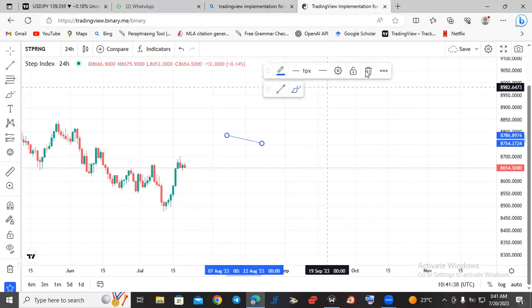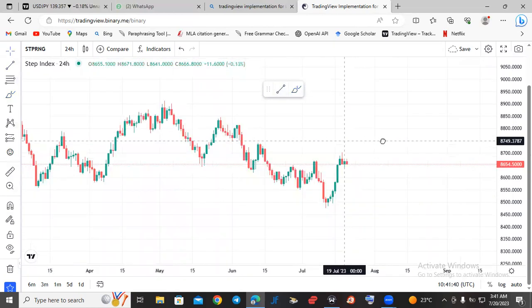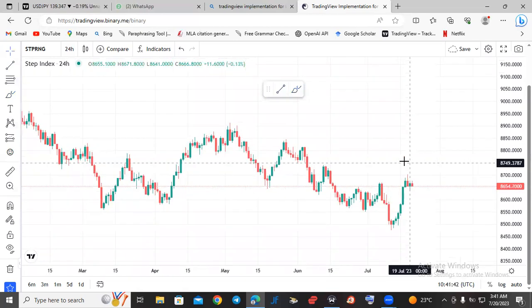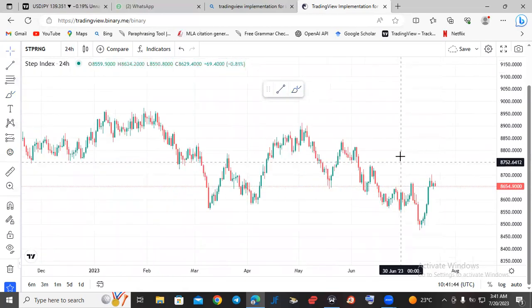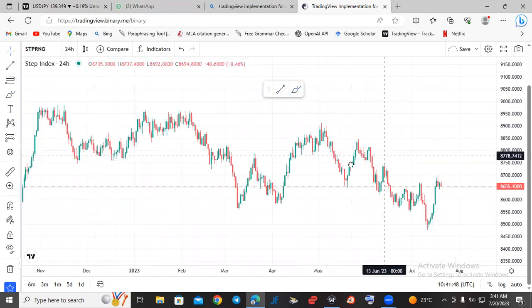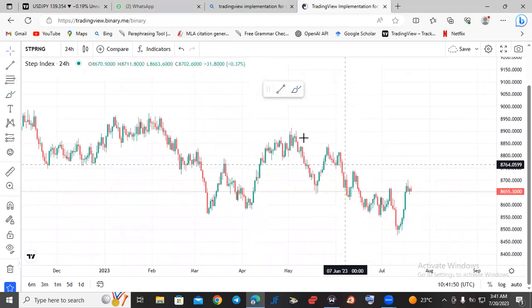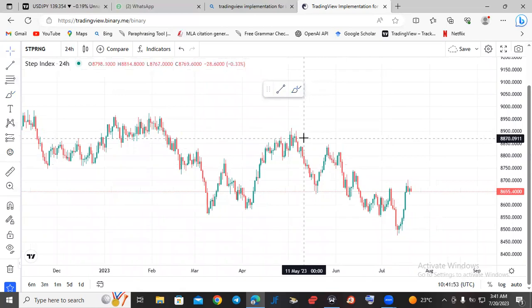Now let's start analyzing. As always, we start from a bigger time frame. With currencies I always start from weekly, but because there's no weekly time frame on TradingView for synthetic pairs, I start from a higher time frame.